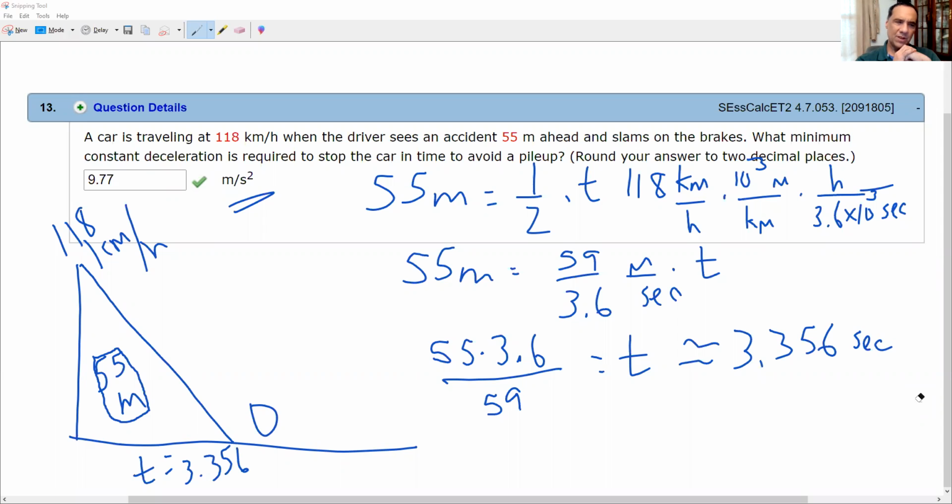Now, when I take the acceleration situation, here's the problem I'm going to have to deal with.